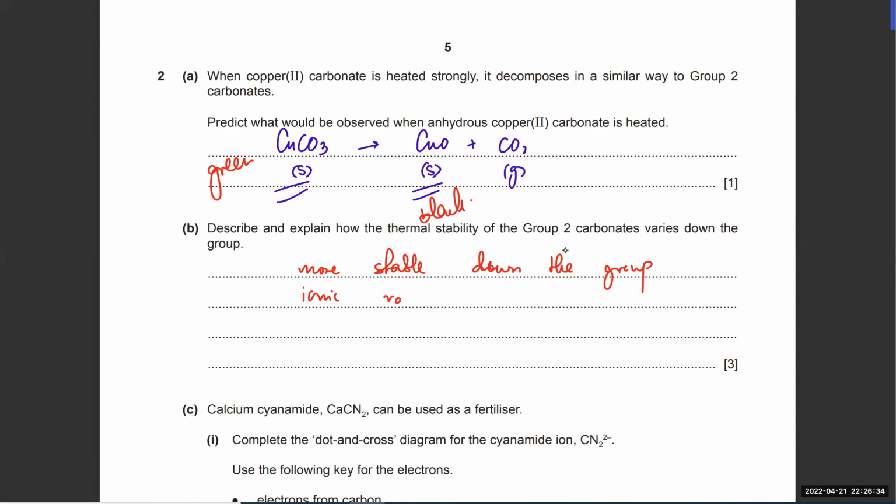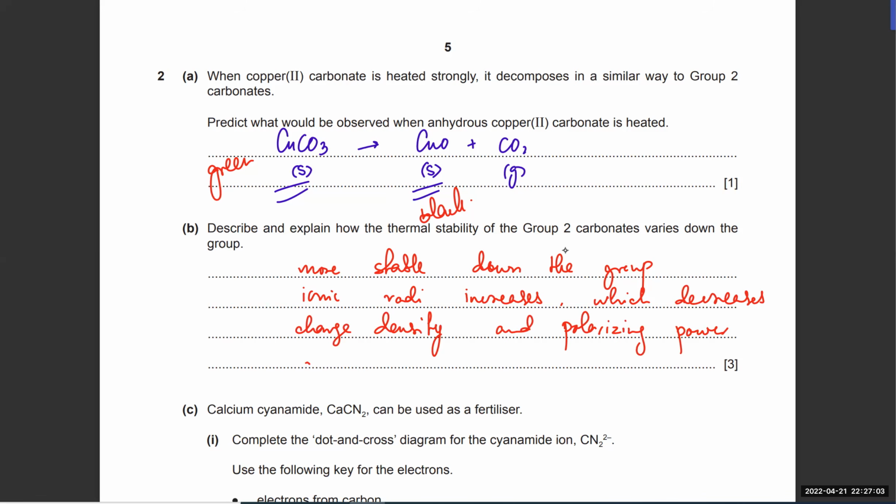The ionic radius increases, which decreases charge density, and the polarizing power of the cation decreases. So the carbonate ion becomes more stable.